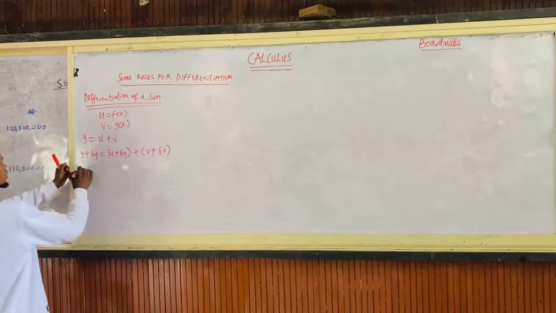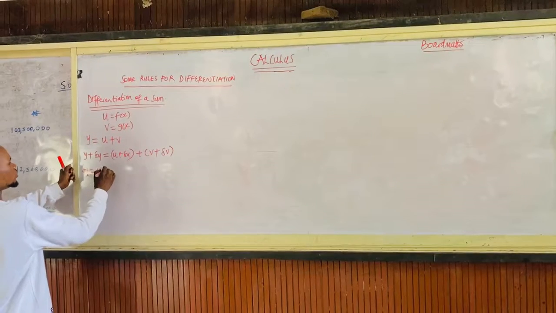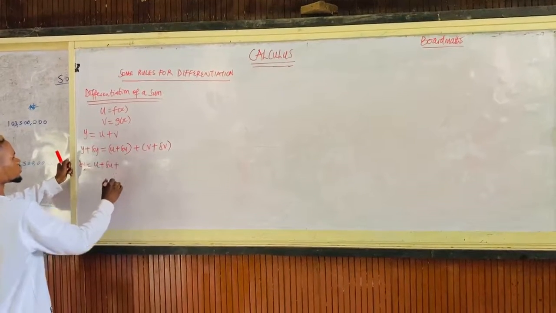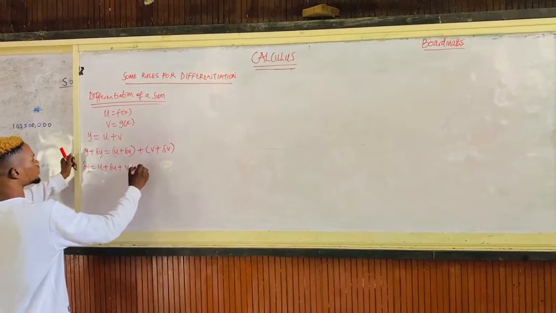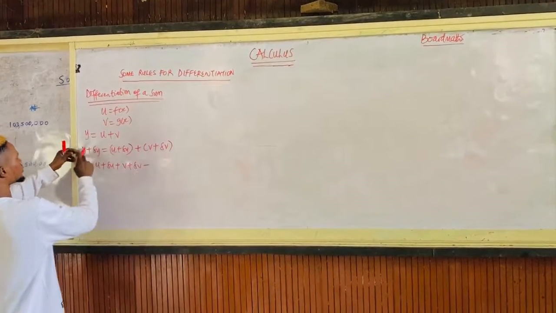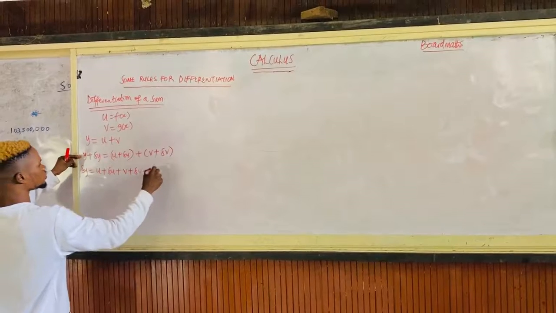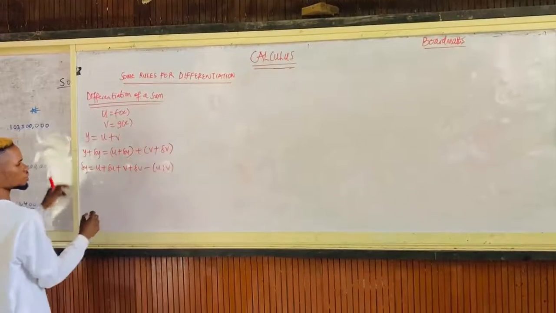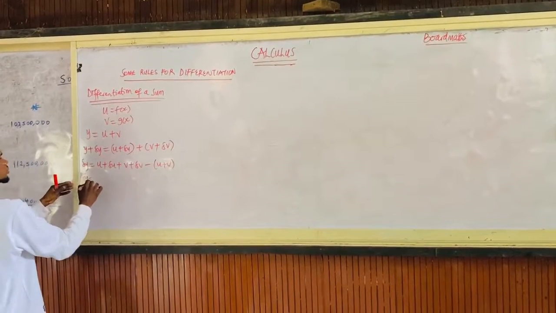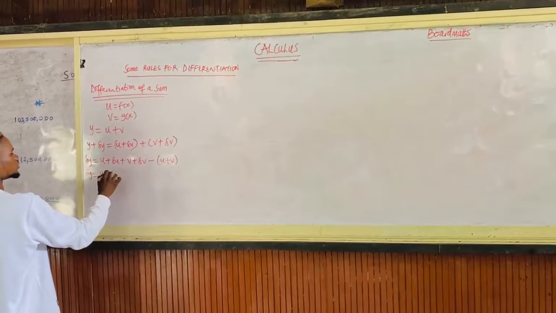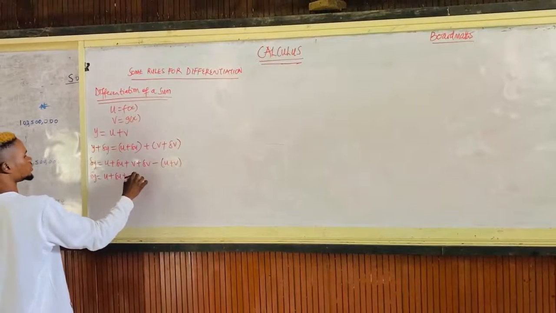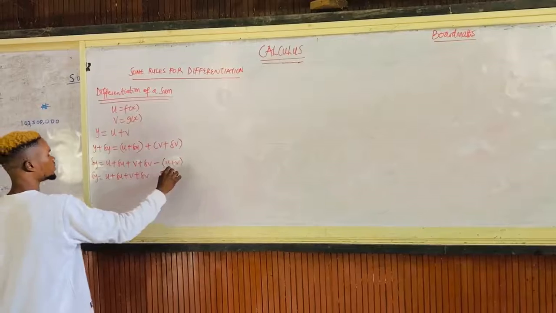That gives del y is equal to u plus del u plus v plus del v minus y. That's minus u plus v. That gives del y is equal to u plus del u plus v plus del v minus u minus v.